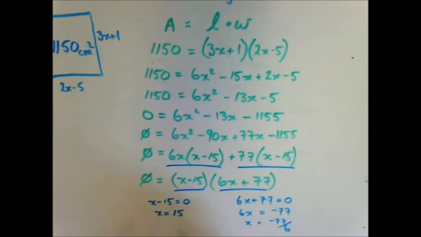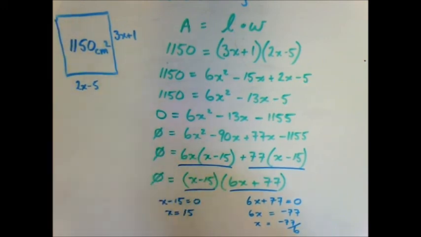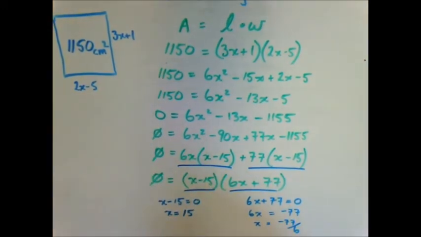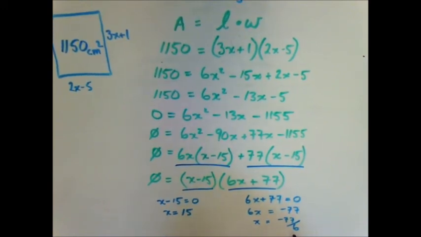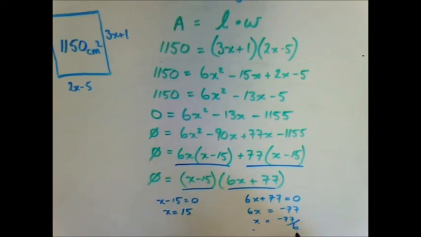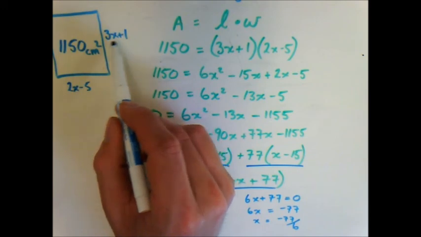Are both of these realistic answers? Think back to our original problem. The dimensions of the... Right, so my dimensions can't be negative. If I take x equals negative 77 over 6, which is about negative 13, and I sub that in here, I would get a negative dimension.